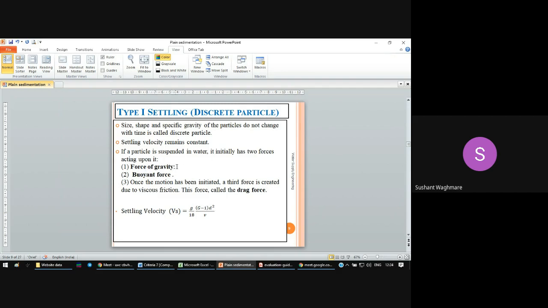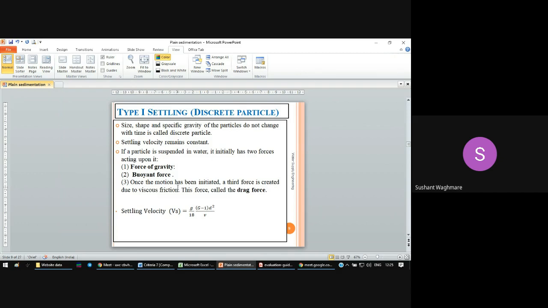The direction of this force will be vertically downward. And the buoyant force, right? You might already know this force, which is the property of fluid, also called the force of buoyancy. This buoyancy force will act vertically upward. So these are the two different forces which are acting on a suspended particle.